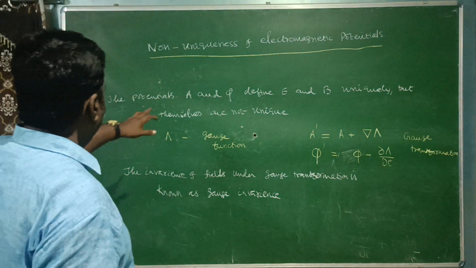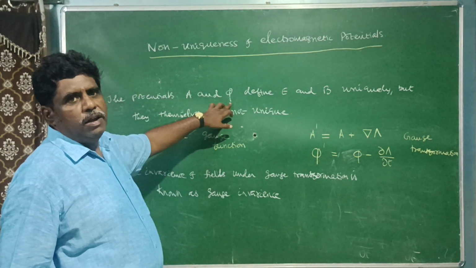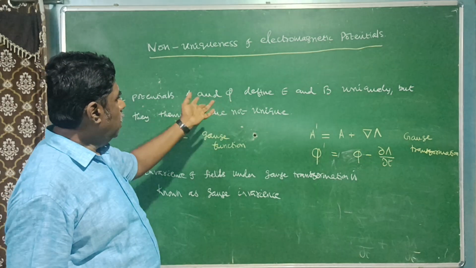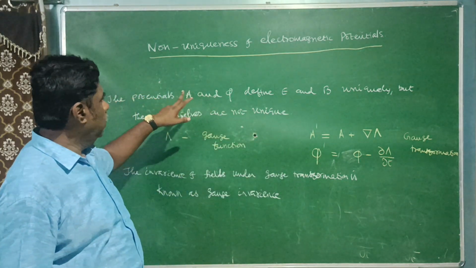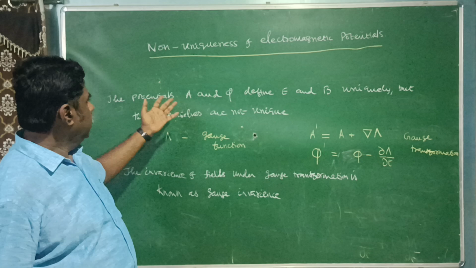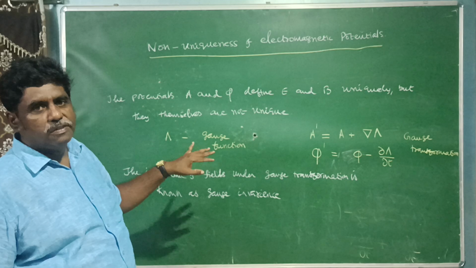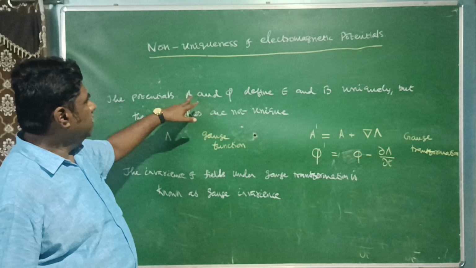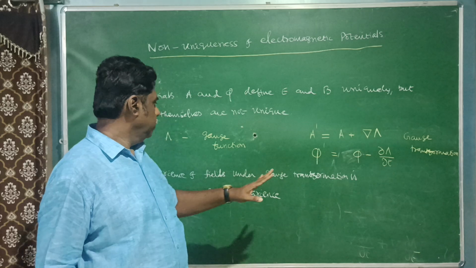With the help of A and phi, we have defined the values of B and E. If A and phi are replaced by A dash and phi dash, there is no change in the values of B and E. Therefore, the potentials A and phi define the field vectors B and E uniquely, but they themselves are not unique, meaning A is not equal to A dash, phi not equal to phi dash.